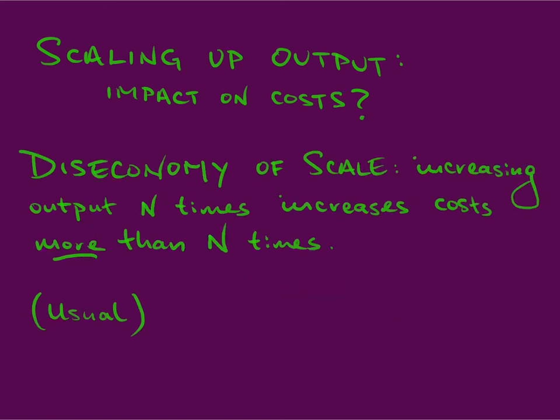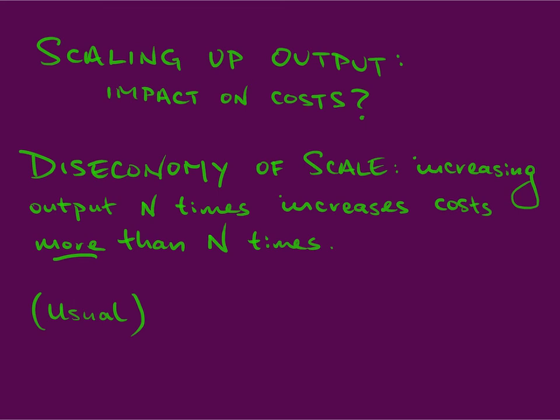But more often, industries have diseconomies of scale, which means that scaling up production by a factor of n times causes costs to increase more than n times. For example, doubling the output of the firm more than doubles its costs. Think, for example, of a business that operates with franchises, identical stores in multiple locations.